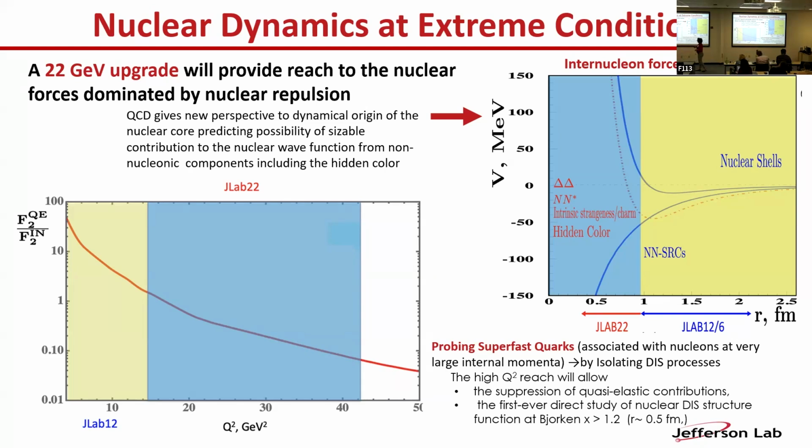And it seems that if I want to go to a very short range of the nuclear force, if I want to span this part, which is the core of the nuclear force, I have to do this experiment.